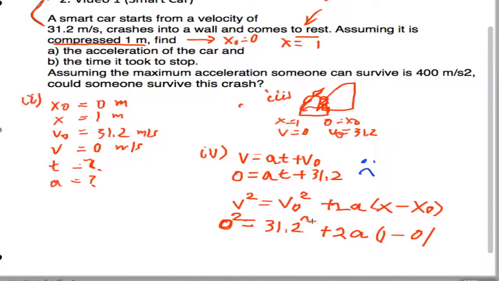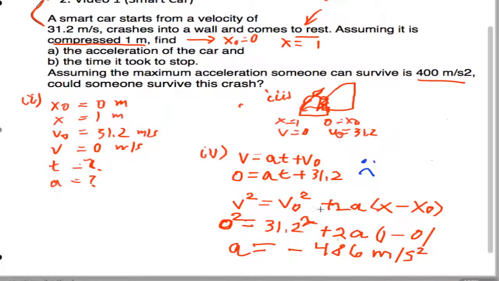I'm going to go ahead and get the number here because my computer is being a little bit weird. When I calculate the number, the answer I get for the acceleration is negative 486 meters per second squared. And so what that means is for part C, they're going to die. This is not going to be a survivable crash.